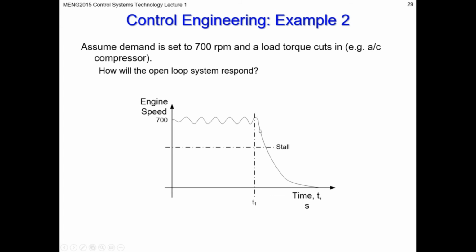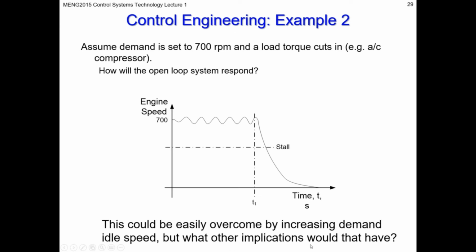So this is a weakness of an open loop system. It doesn't have the capacity to recognize that the current performance of the system is deviating significantly from the set point, and adapt and apply a correction to prevent that error from happening. So that's an open loop, which is kind of how it always used to be back in the day.